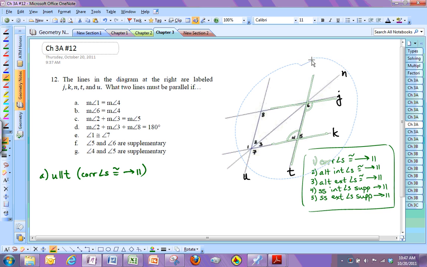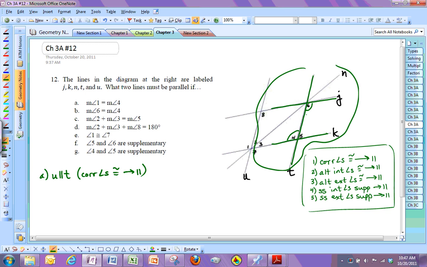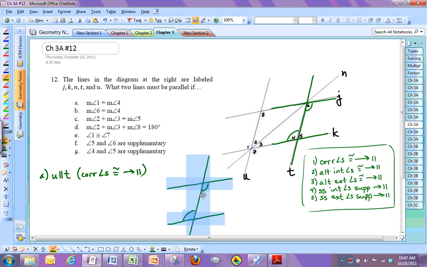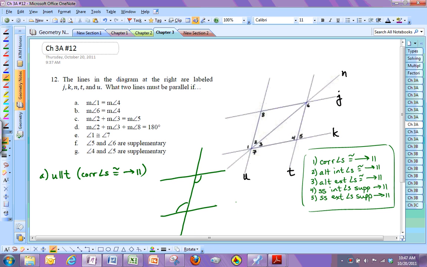Now if I take this and move it to the side, something's not working here. Let's try this one more time. If I take this and move it to the side, now you can tell alternate sides of the transversal and on the interior here. So I've got alternate interior angles that are the same. So right now I've got this reason, number 2.